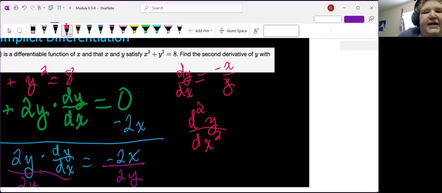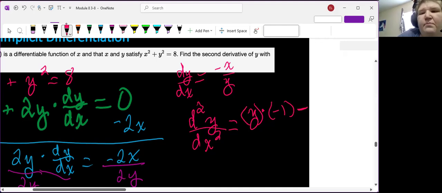So taking our second derivative here, low d high minus high d low, square the denominator, away we go. So ends with go, starts with low. So our low is y times d high. High is negative x. The derivative of that would be negative 1.